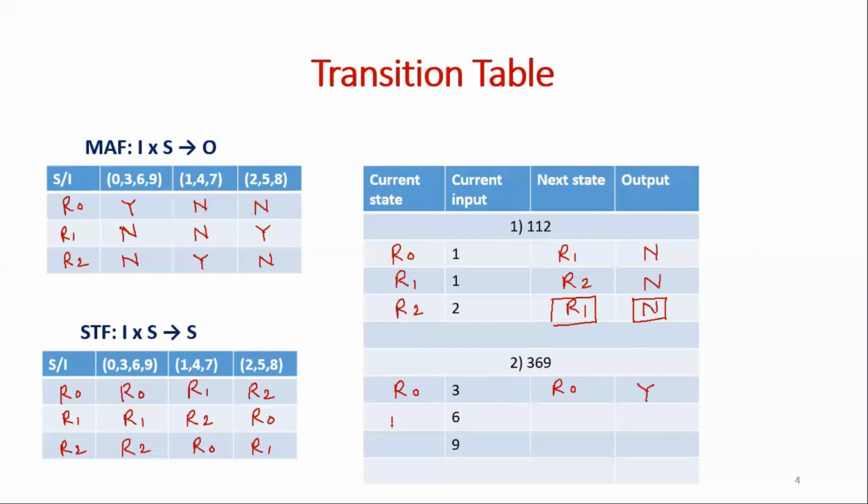Then R0 for the input 6, next state is R0, output is Y. Then R0 for the input 9, next state is R0 and corresponding output is yes. So as the output is Y for the last symbol 9, that means this number 369 is divisible by 3 and the corresponding remainder is 0.